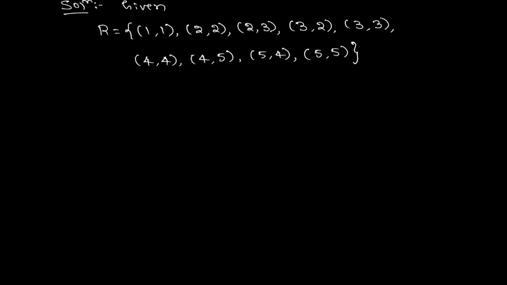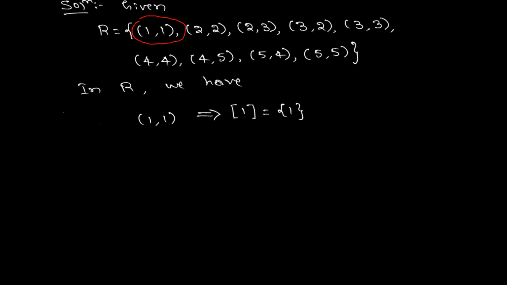Solution: given R. In R we have (1, 1), that is 1 is related to 1, and there is no other element which is related to 1. So you get a subset containing only one element, that is {1}.